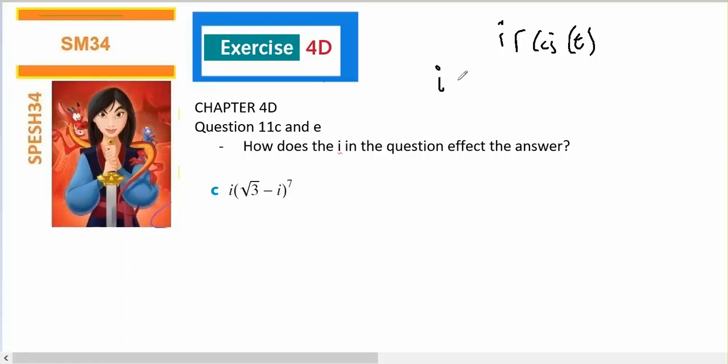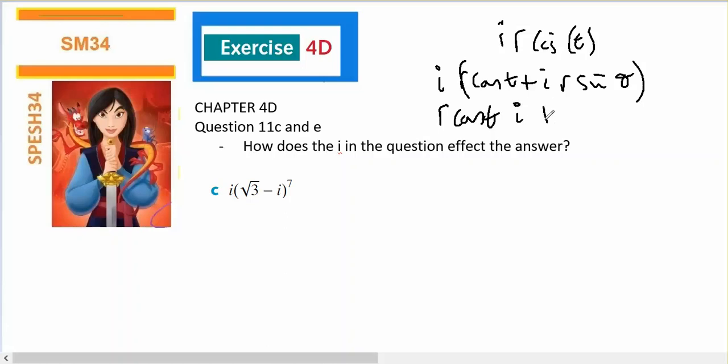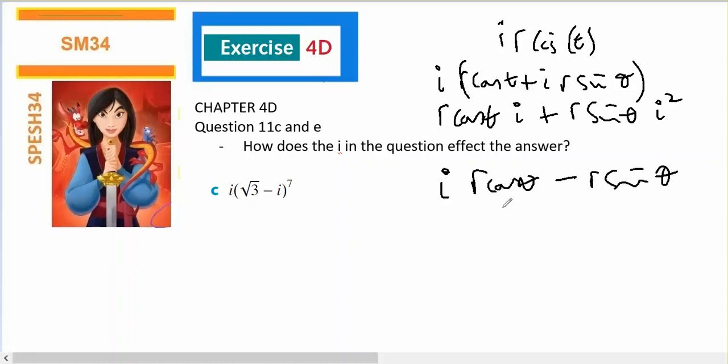So i times r cos theta plus i r sine theta becomes r cos theta i plus r sine theta i squared, which effectively puts the i on the r cos theta minus r sine theta. And I don't have cis anymore because my i's on the cos and I want it on the sine, and my sine has become negative.